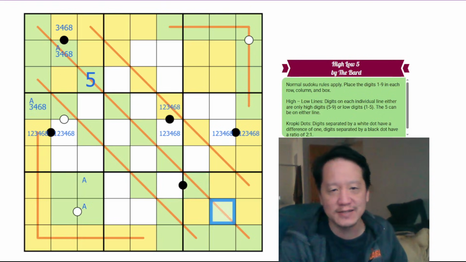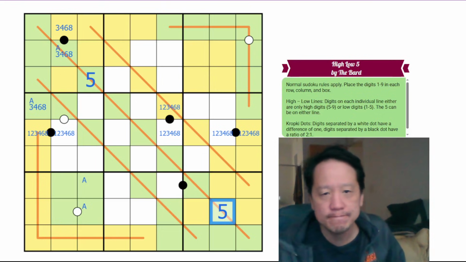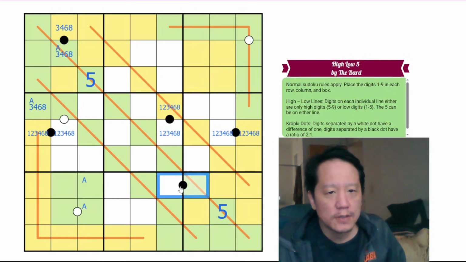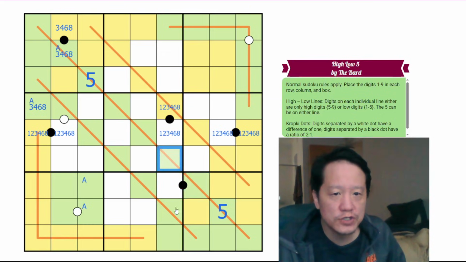So 5 has to be here. We have 1, 2, 3, 4 greens in column 6. So this is 5.